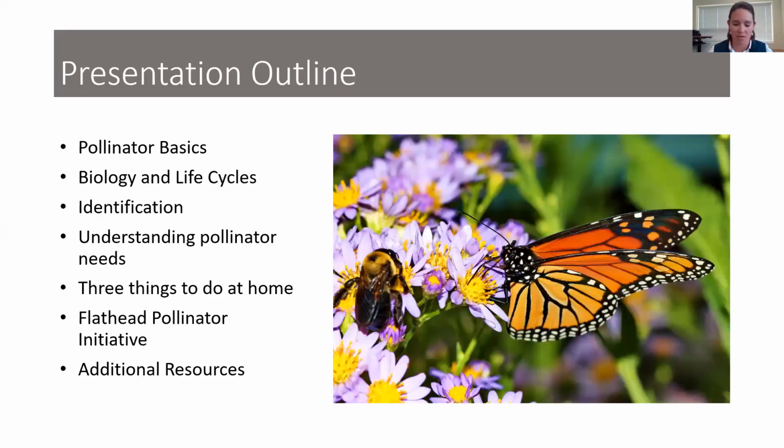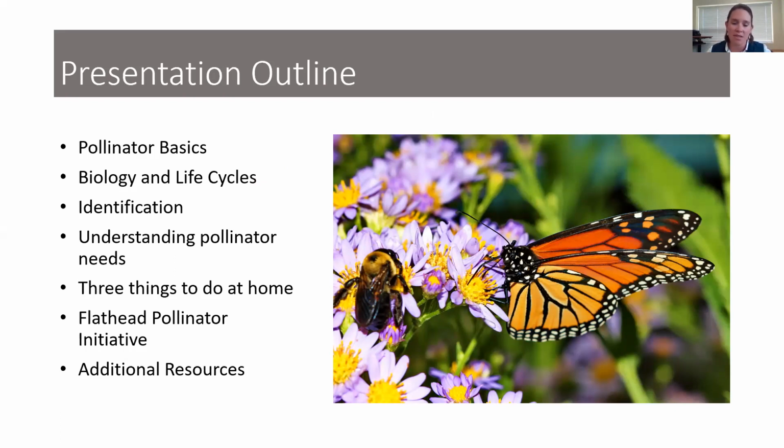So tonight for my presentation, here's the outline. We're going to go over some pollinator basics, including biology and life cycles, and some identification. Those of you who are experts in pollinators already, this might be a bit of a refresher for you, but for those of you that are unfamiliar, it's helpful to have this background knowledge as we start talking about pollinator habitat. So you'll really get a better idea of why pollinators need the different types of habitat that we'll be talking about.